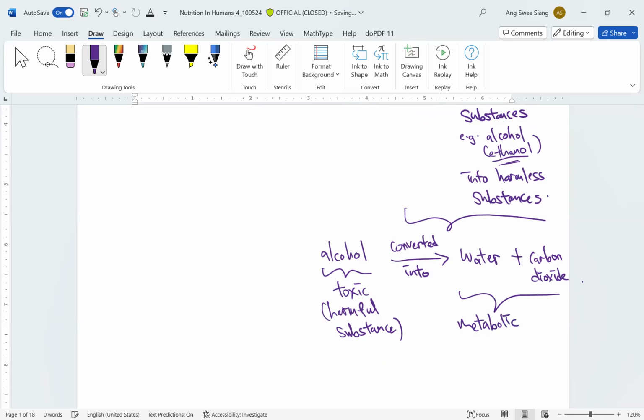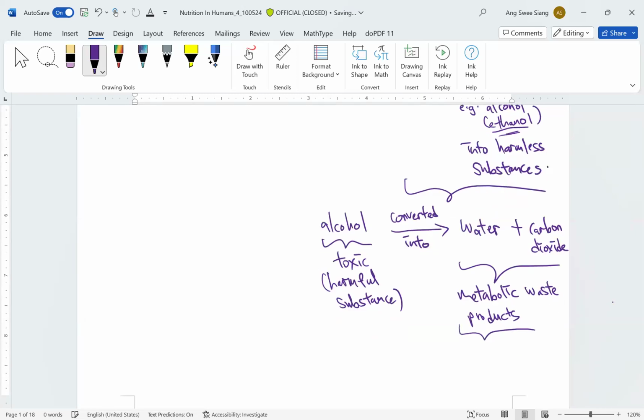So the alcohol will be converted into water and carbon dioxide, and the water and carbon dioxide are considered as metabolic waste products. And these metabolic waste products can be removed from the body easily.